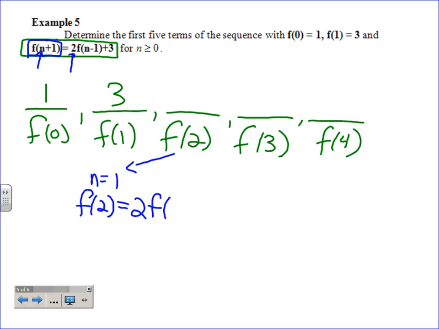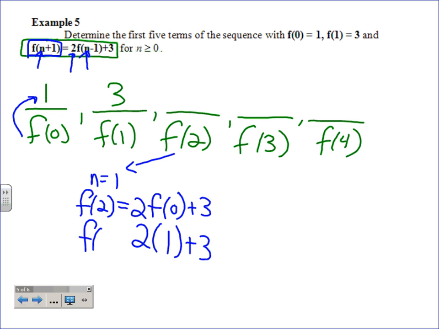And then if you put a 1 there, it makes it f of 0 plus 3. I think some of you were thinking of that as just 0. And so you took 2 times 0 plus 3, but it's saying f of 0. Now f of 0 could be 0, but f of 0 is actually 1. It says so right here. And so that is 2 times 1 plus 3. So that's what f of 2 is going to equal. And it's 5.